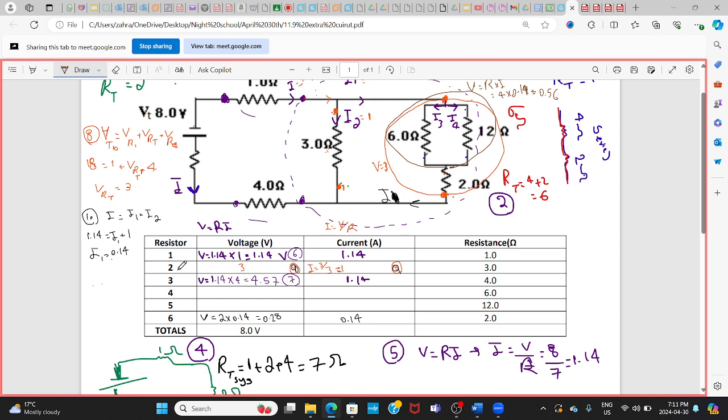Oh, okay, so this resistor. Yes, this one is different from the answers on the Google Classroom. Okay, how about the rest, are they the same? I just want to find out if I made a mistake here. I can go back and check. Resistor 6 was also different. Okay. How about the first row? Yeah, the first row is fine.